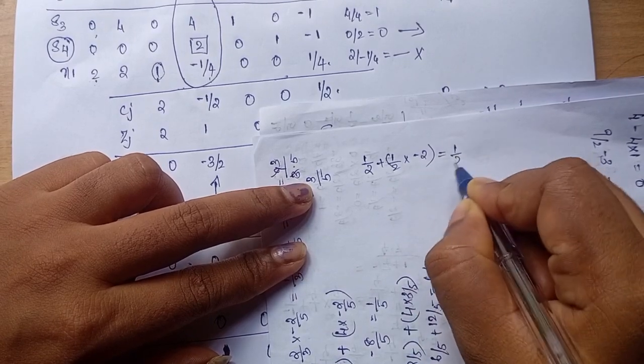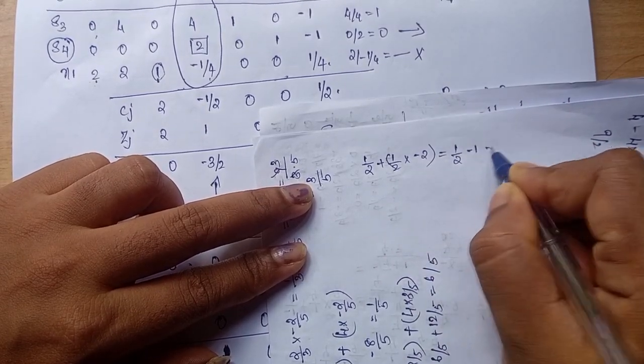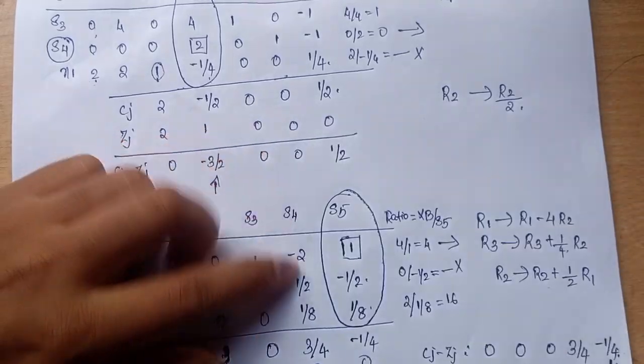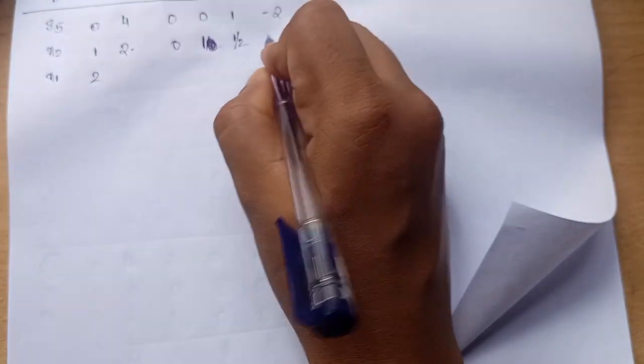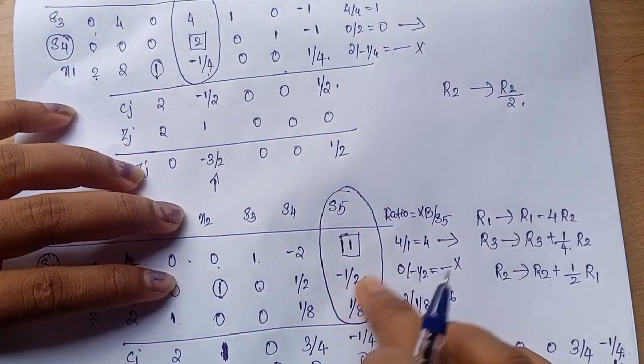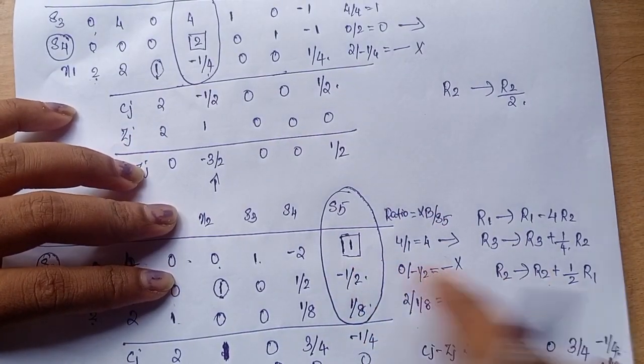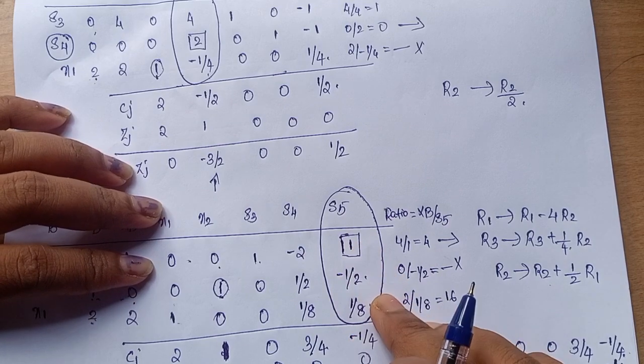It's equal to 1/2 minus 1, that is -1/2. So here we have -1/2. And here the elements are -1/2, 1, that is -1/2 plus 1/2 into 1, that is -1/2 plus 1/2 equal to 0.